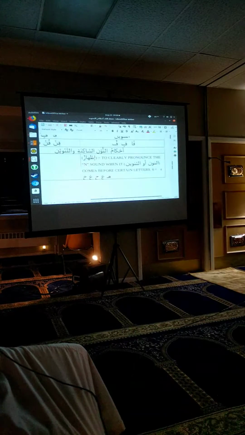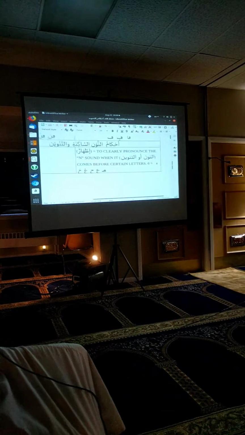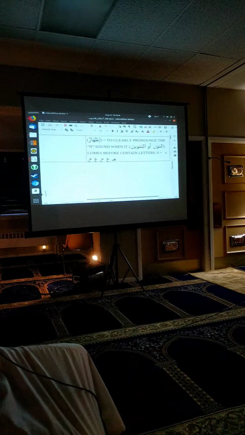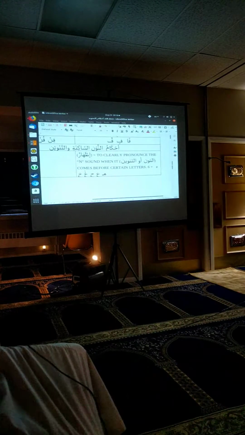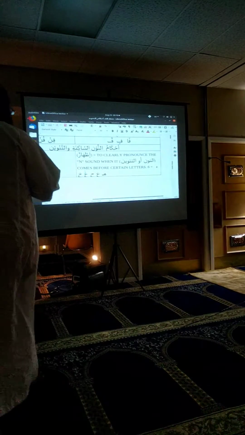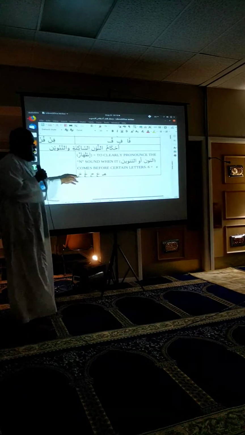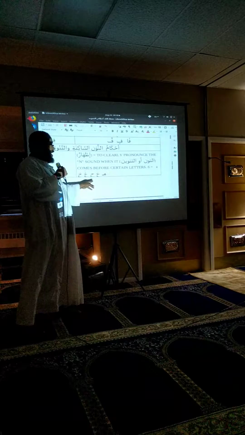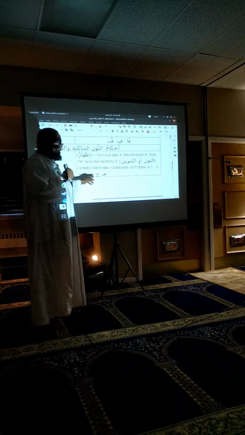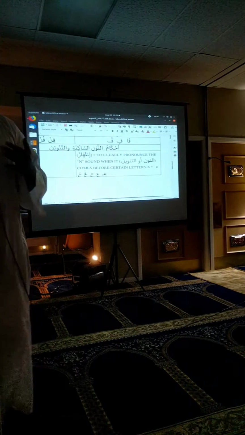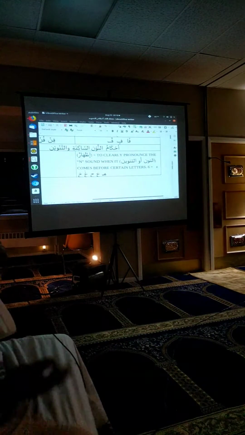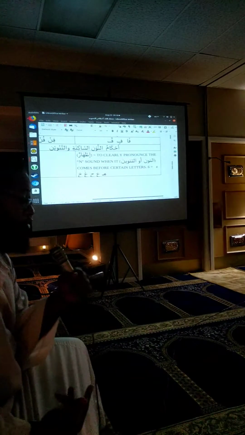So if you want to know which rule to implement, you have to remember those letters. But there's a cheat for ikhfa, because when it comes to ikhfa, they do not put the sukoon on the noon. But that goes for idgham as well. But idhar they do put the sukoon on the noon, so that makes it easy for you to differentiate between some of those rules.